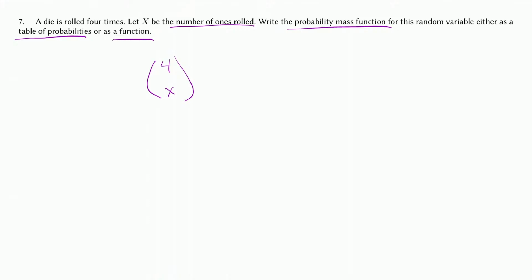This is the function version, but you could have just made a table with 5 entries, 0, 1, 2, 3, 4, for the different outcomes. So then 1/6 to the x and 5/6 to the 4 minus x, where x is any integer between 0 and 4. So you can either do it this way or just make a table with all the different ones.